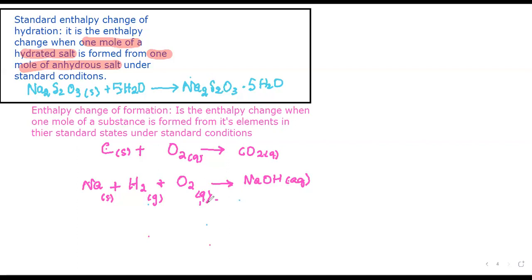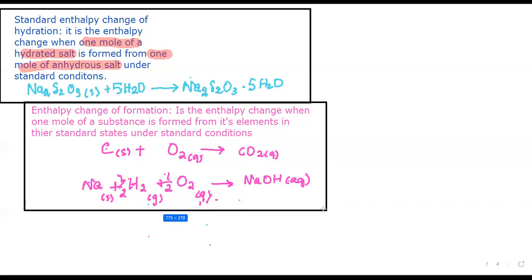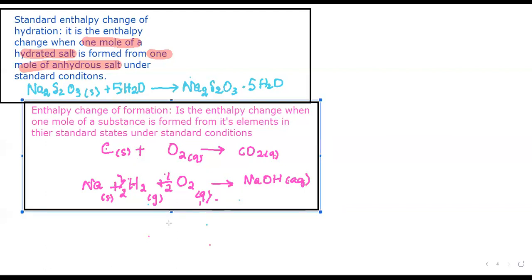When balancing the equation, I will not add a 2 to the sodium hydroxide, because I want 1. So I will write down half O2 and half H2. This is standard enthalpy change of formation. It is very important because you will see quite a lot of questions related to it.